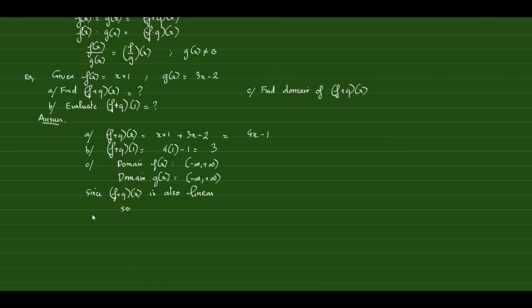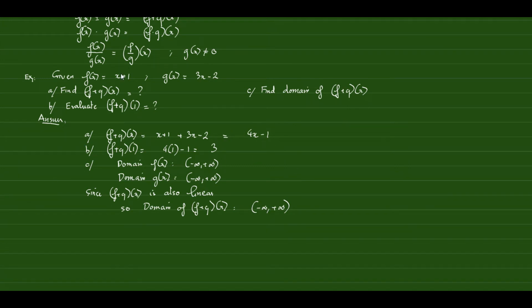So on part C, the domain of f plus g of x is also negative infinity to positive infinity. So the domain of the sum or the difference will be the domain of each of them. But this still depends, because you have to find the domain of the sum right here. It is not always like that.